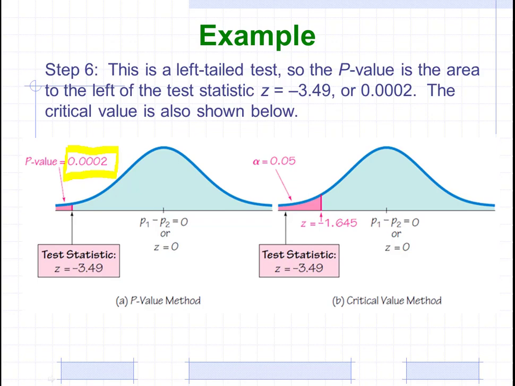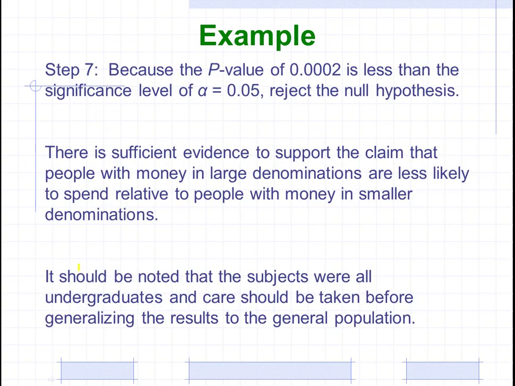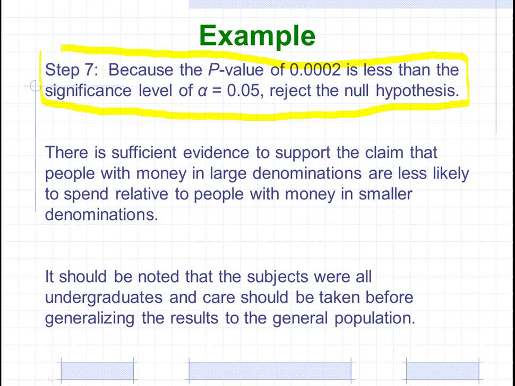And let's go back to our procedure list. Since our p-value is less than alpha, we reject the null hypothesis. And I'm going to tell you, when you start doing this, I want to see this statement. Now, there's a little shortcut that we can make it a little less wordy, but there it is.